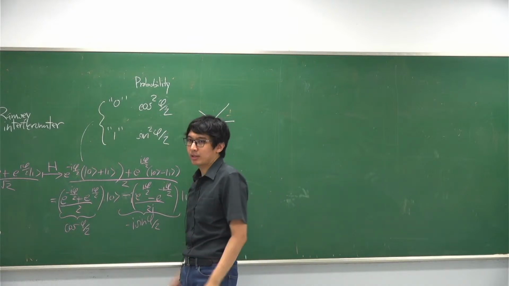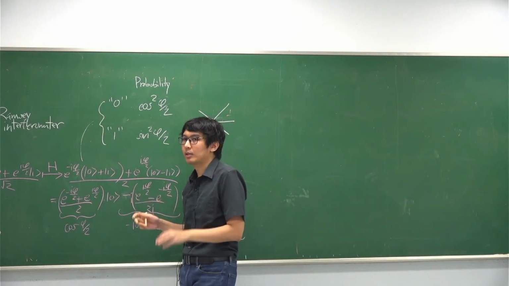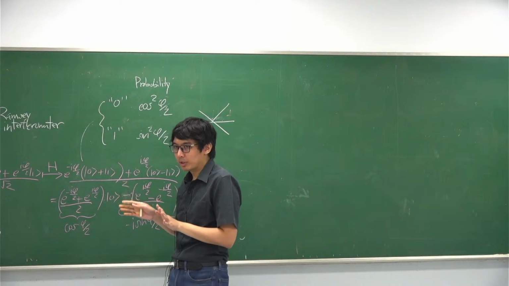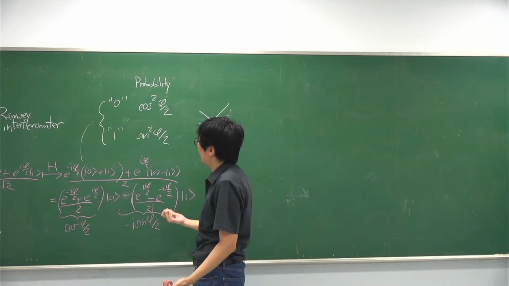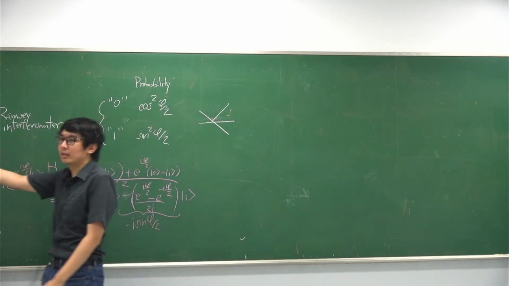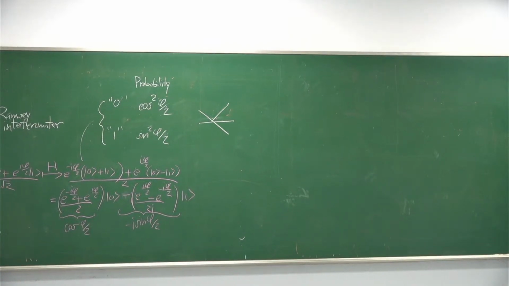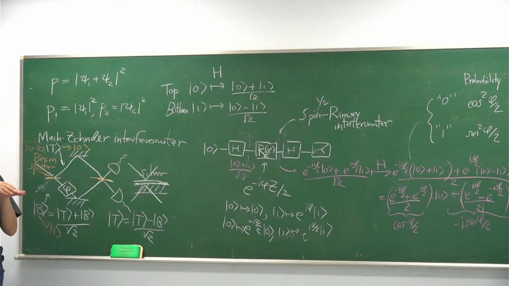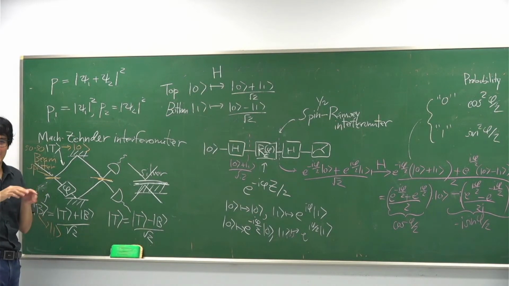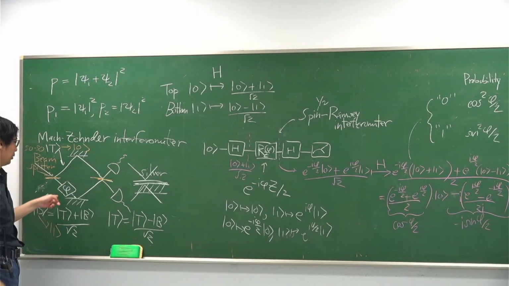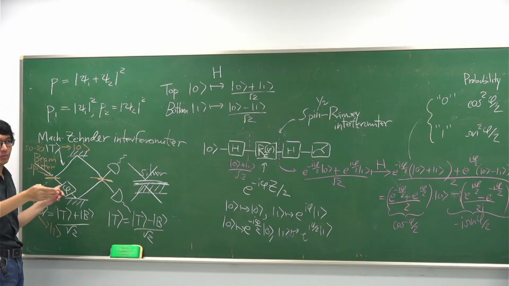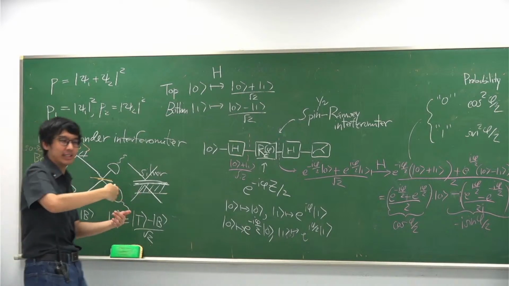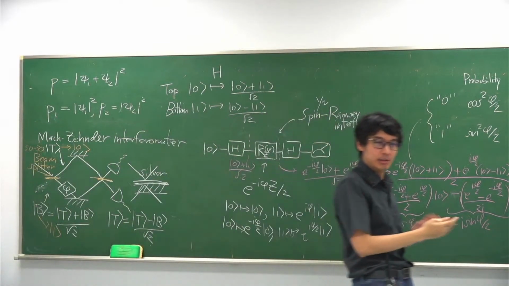But here there's no screen, there's no continuous variable in the Hilbert space. The continuous variable is just the parameter here that I can vary. So you don't really see the interference fringes here. You just have to sweep the parameter and look at the result.